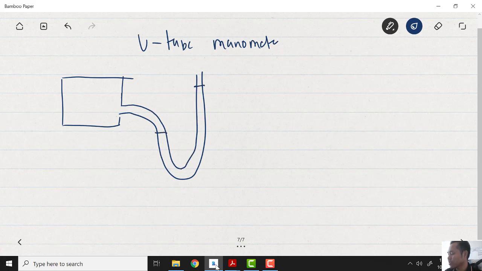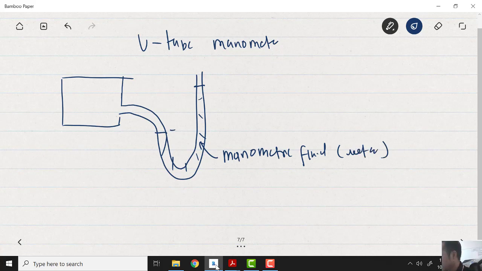The water in the tube is called the manometric fluid. The height here is H, and inside this container is air. You must remember that the pressure at any point in this container is the same because here we have air.